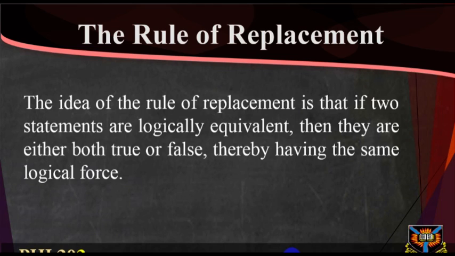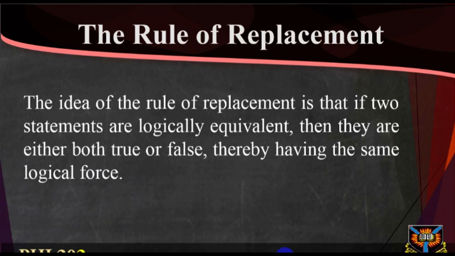(P or (Q and R)) if and only if ((P or Q) and (P or R)). Number 5. Double negation, DN. P if and only if not not P.